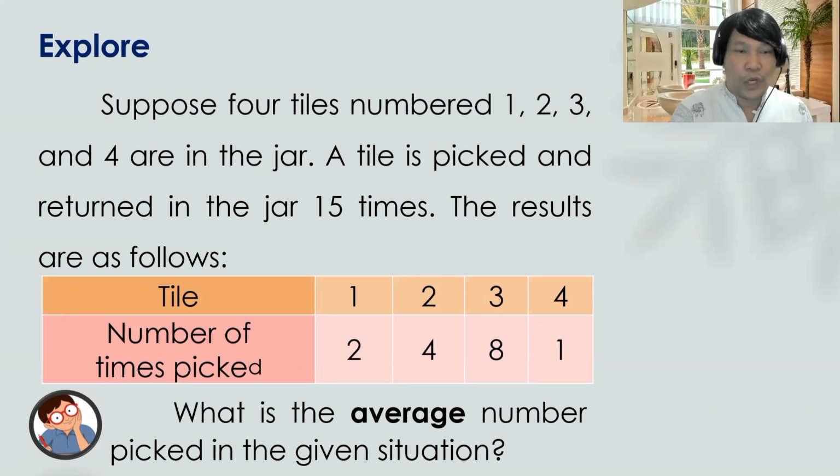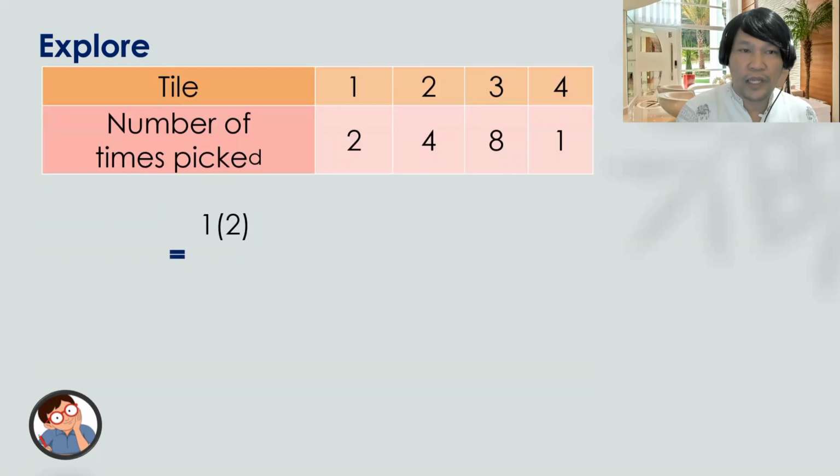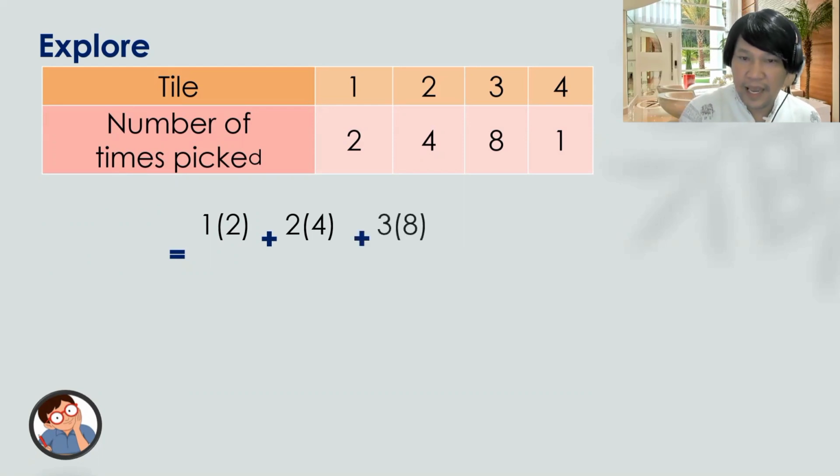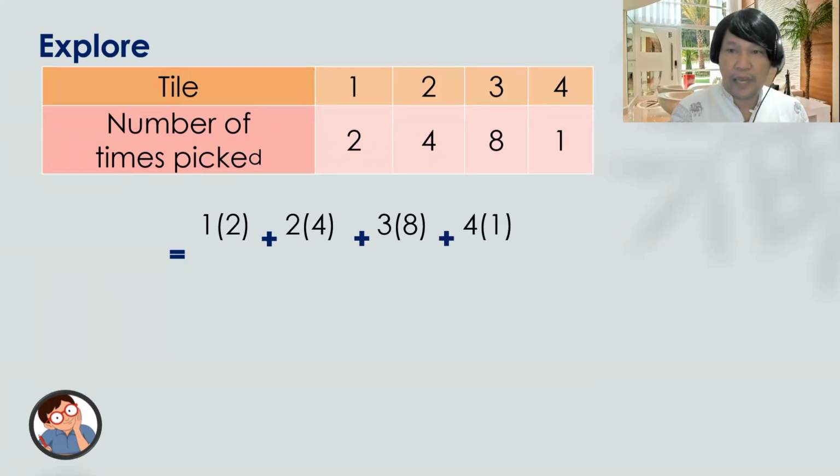Hence, we multiply tile 1 by 2 because it was picked 2 times, plus tile 2 times 4, plus tile 3 times 8, and lastly tile 4 times 1.